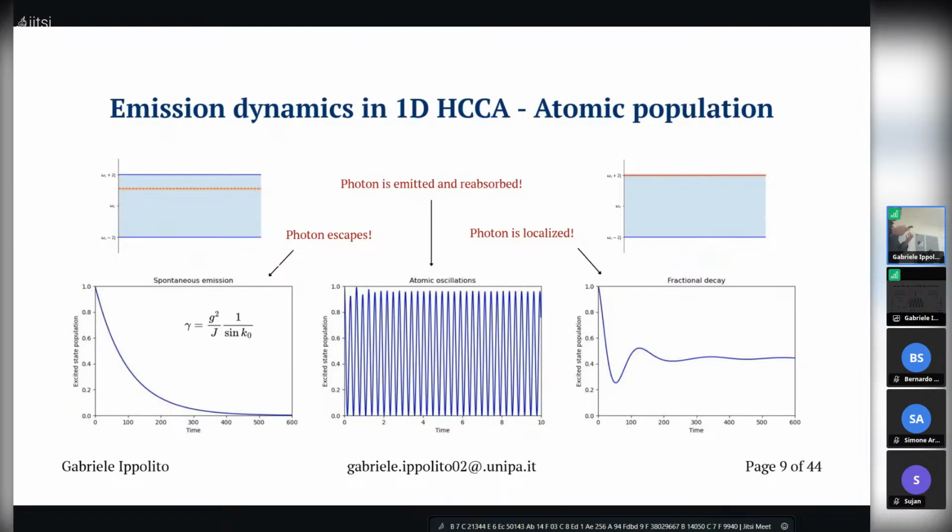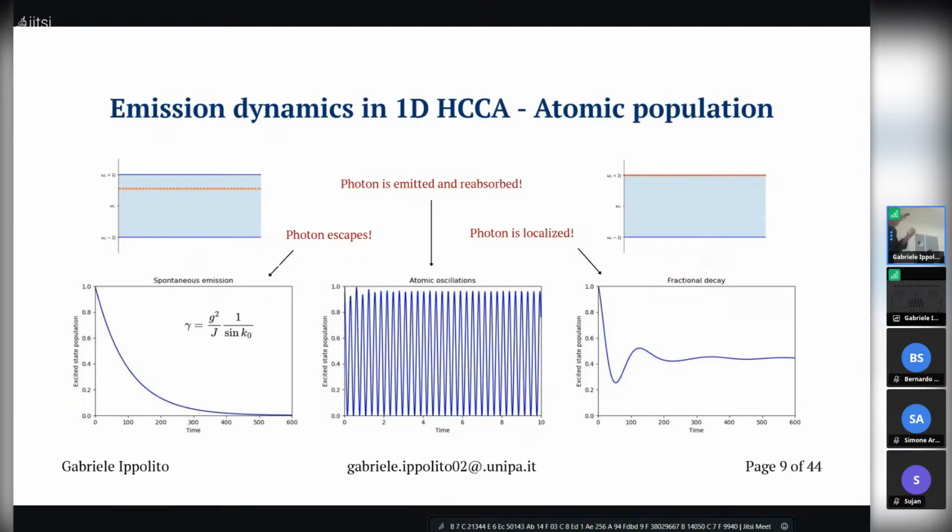If we are in the strong coupling regime, we observe atomic oscillations. Now the photon remains localized around the atom because it doesn't have the time to escape, because g is bigger than J.